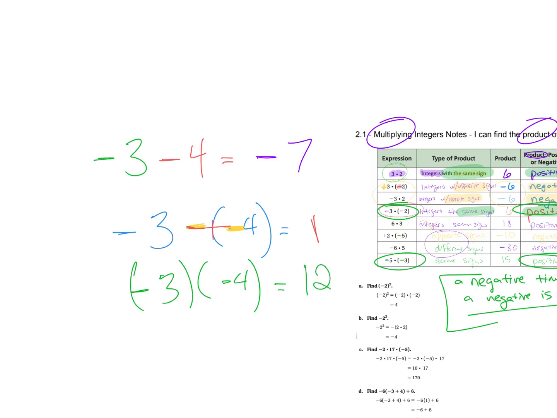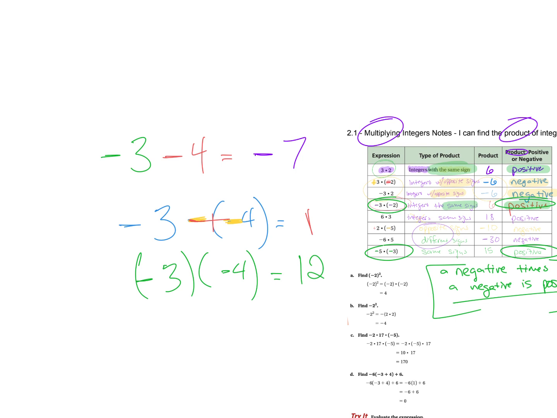So if you're like, okay, my head's spinning a little bit because you've said a lot of mathy things, here's what I'm trying to say: the numbers can have different looks, and the different operations produce different results, right?